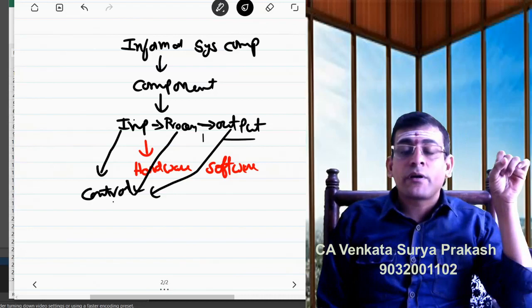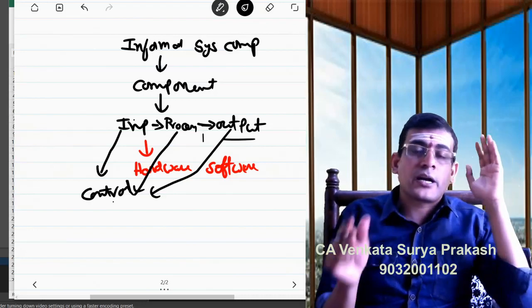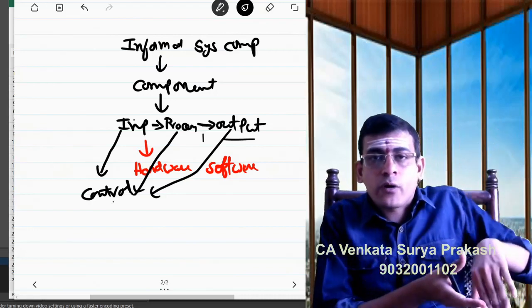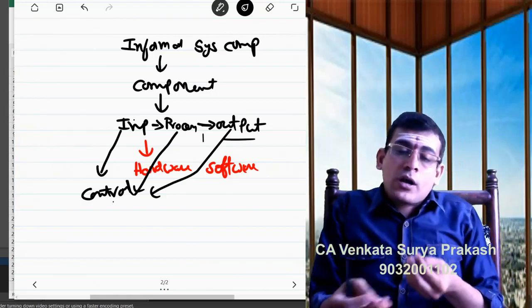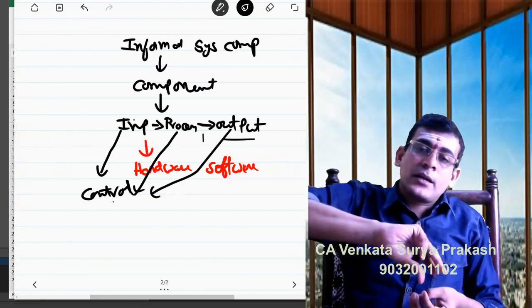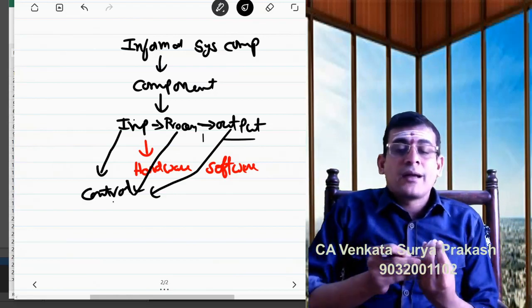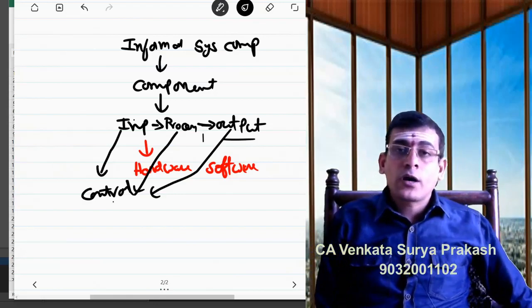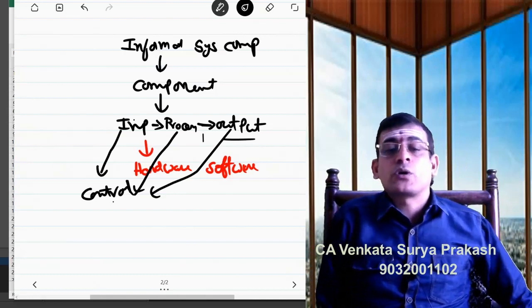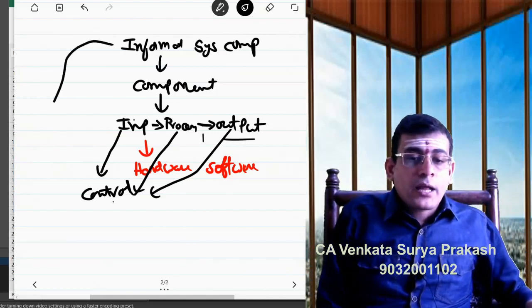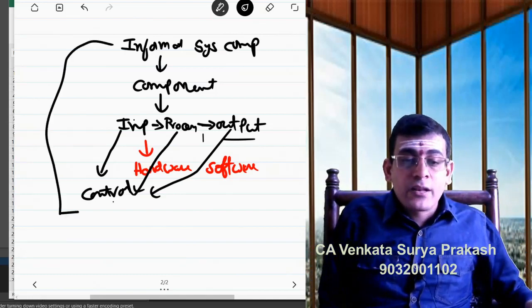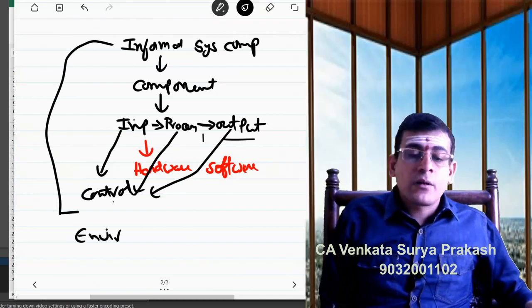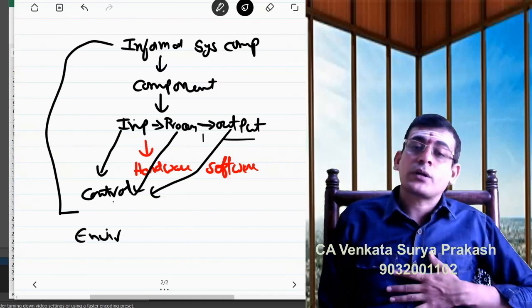So in this, what we are trying to understand is what are the hardwares which are required to do some sort of input, what are the softwares which will process that input, and what are the hardwares which will give me some sort of output, and what are the controls which I should execute, and what is the environment in which you are processing your input.